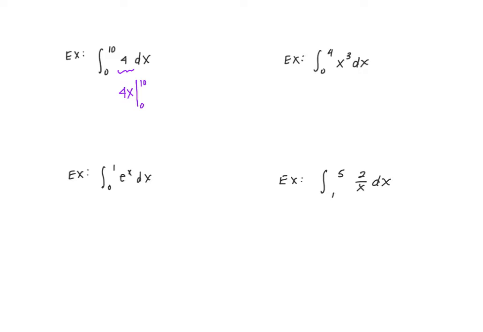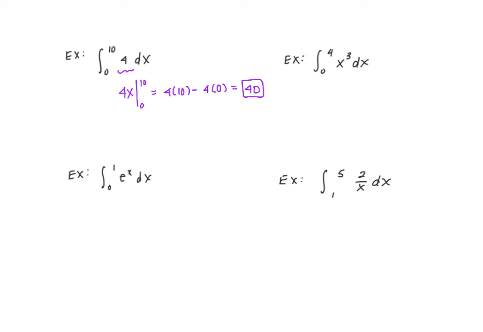You only need plus c for an indefinite integral. So indefinite means there's no limits on your integral. And so that means I have 4 times 10 minus 4 times 0, which is 40. And that's your final answer.